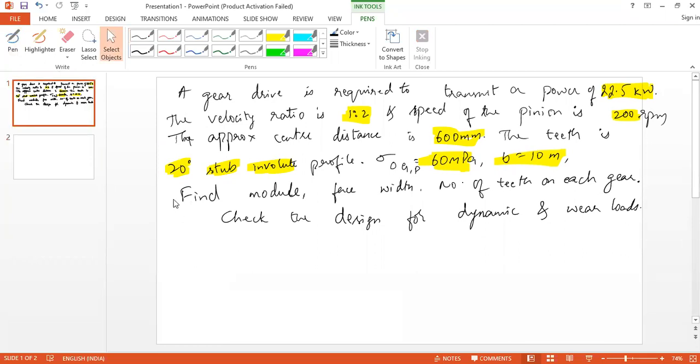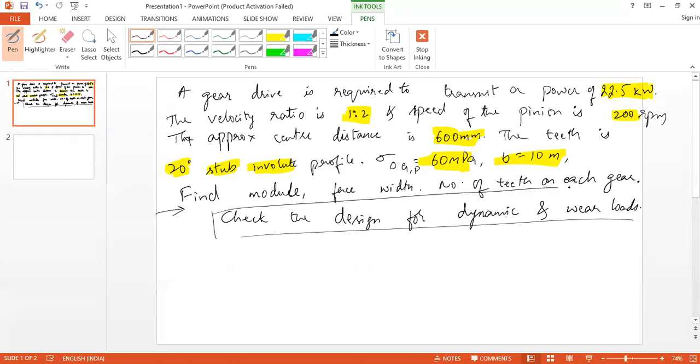Up to this part it is the same as the previous problem, but here the problem is extended: we need to check the design for dynamic and wear loads. This is the additional part.